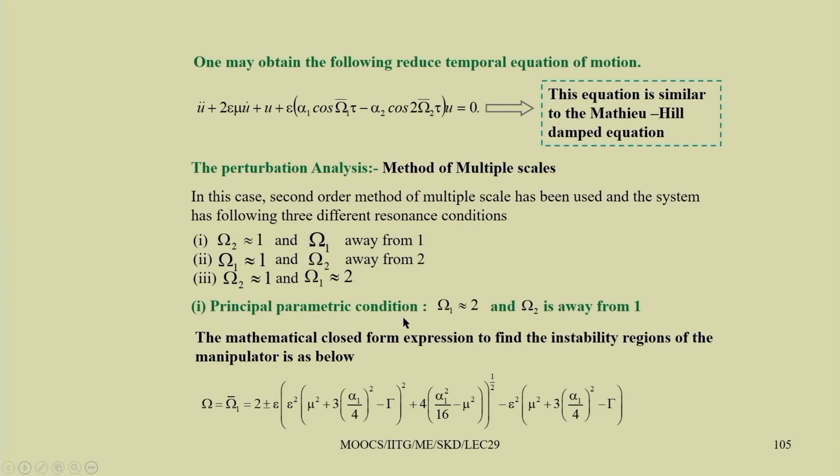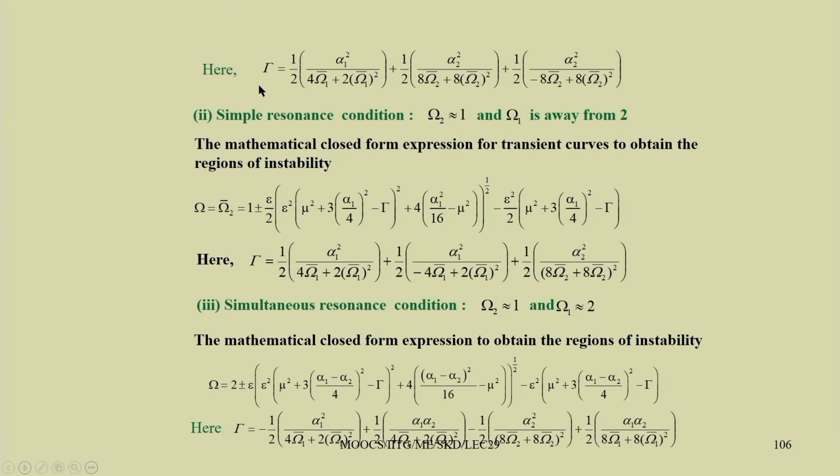Here omega 1 is nearly 2 and omega 2 is away from 1, so we can get this resonance condition. Here you can get a closed form type of equation. Similarly, for the simple resonance condition, you can get a closed form solution.